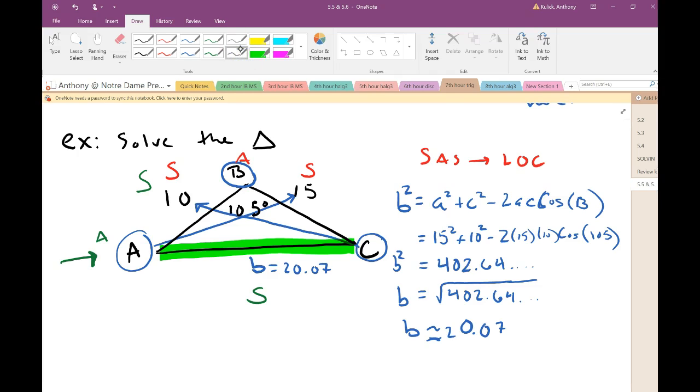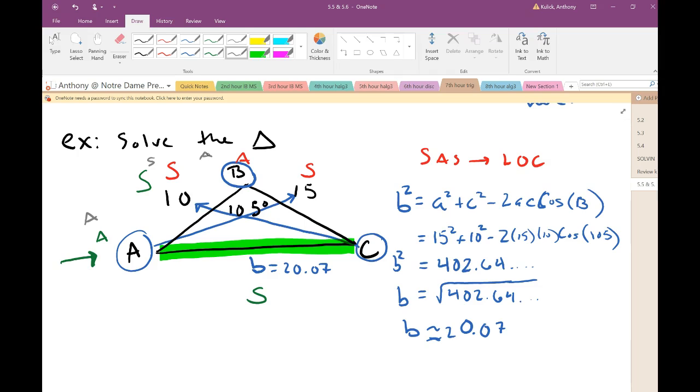Or I could say I have an angle side angle situation and use the law of sines.